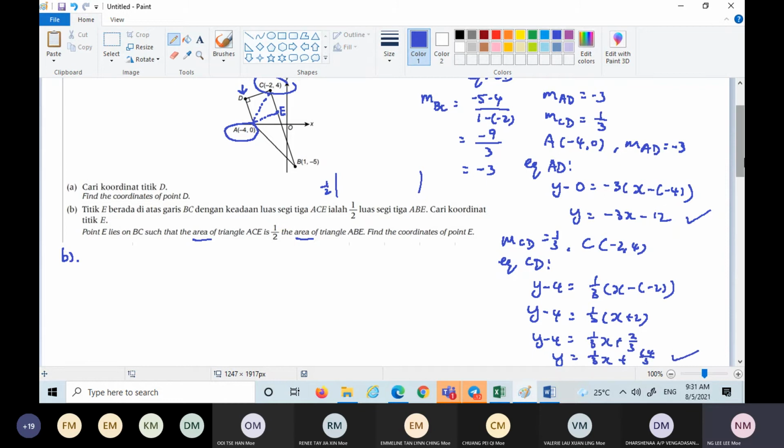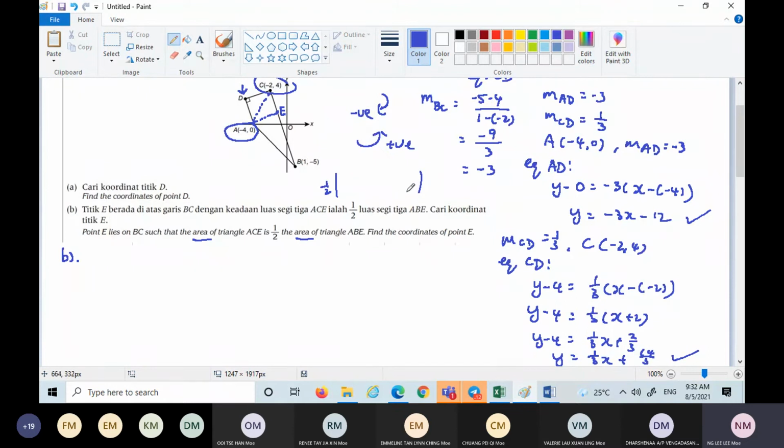If you are using this method, it will definitely drag on for so long, and it is easy to make a careless mistake. For those using this, you don't need to be confused with the modulus. Some of you I see put one positive, one negative, and then some of you suddenly become plus minus. You are so confusing, because you already know the point E is here, and you already know if clockwise the area is negative, anti-clockwise the area is positive.